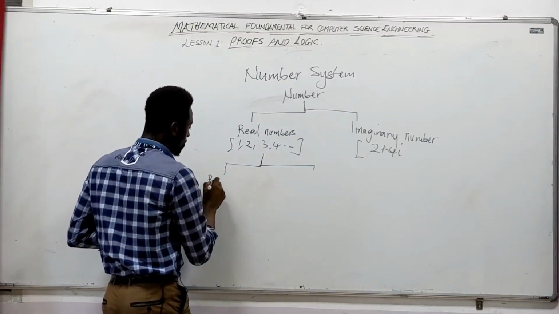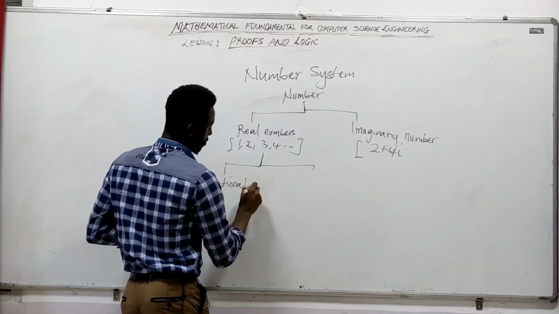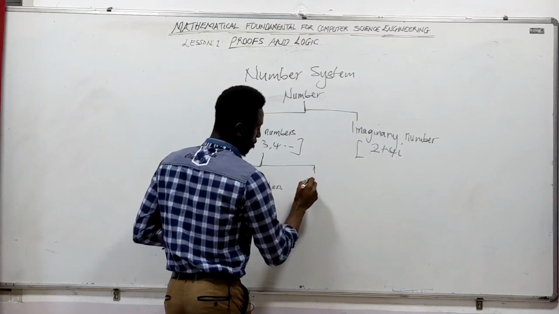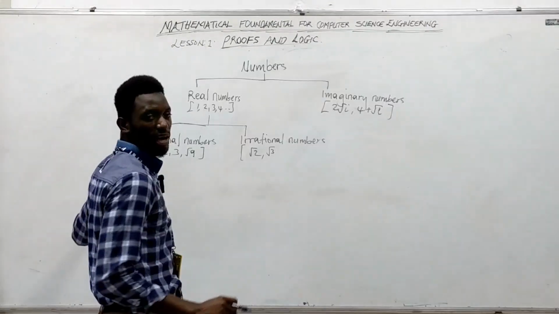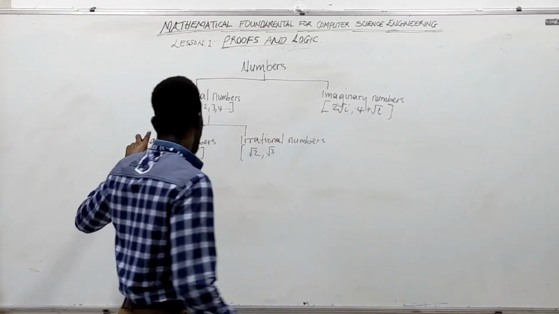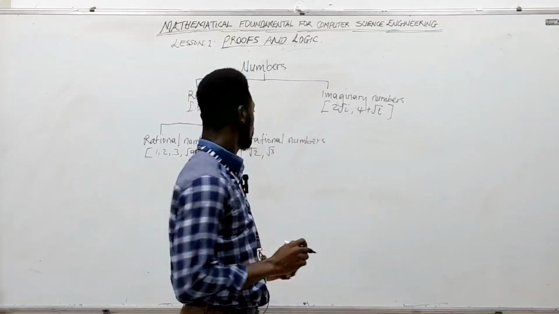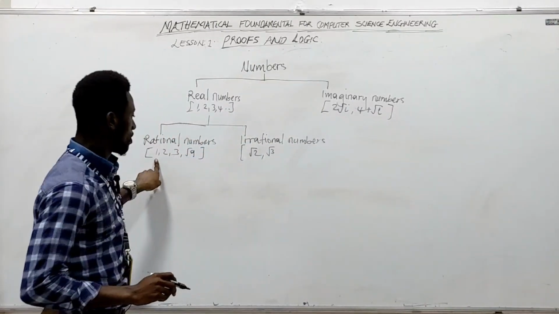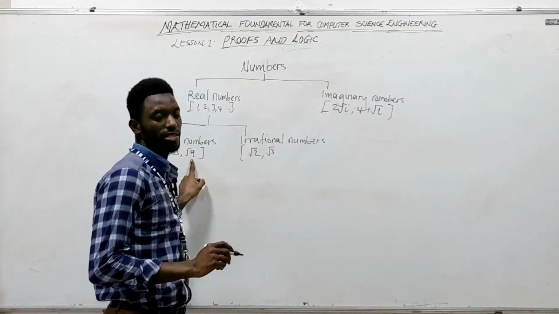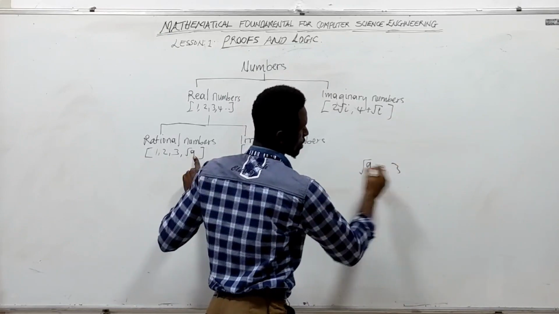We have rational numbers and irrational numbers. Rational numbers are numbers that give you just a whole number. Like here, 1 is a whole number, 2, 3, root 9 will give you a whole number, right? Because root 9 will give you 3.